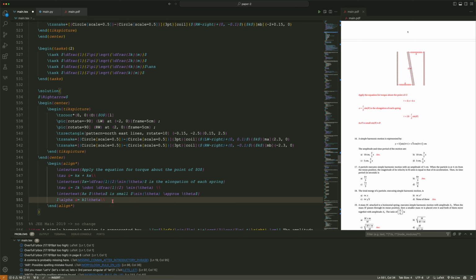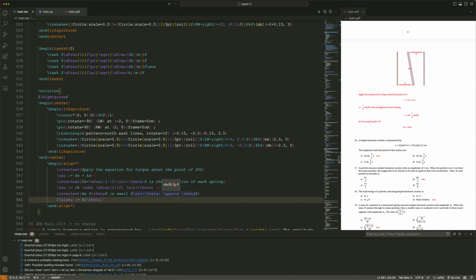Or we can say restoring torque. The equation for restoring torque.